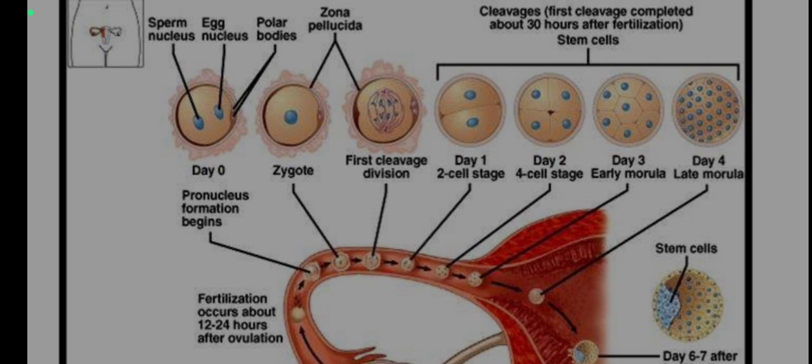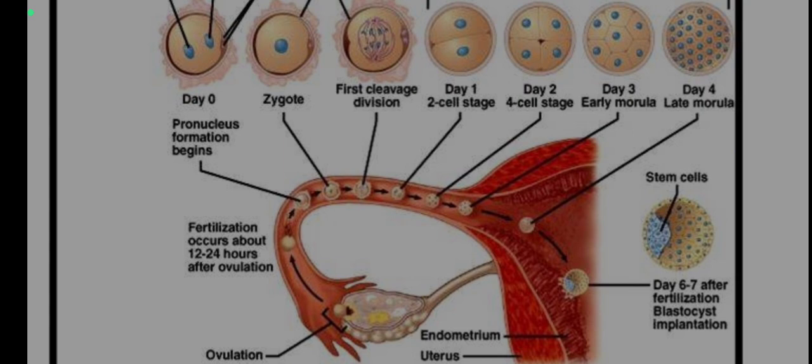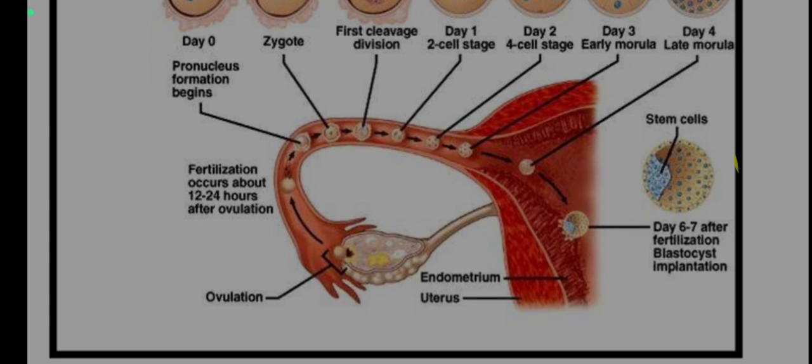After the third day it gives the early morula, and the fourth day after fertilization the late morula. On the sixth and seventh day after fertilization it gives rise to a blastula.